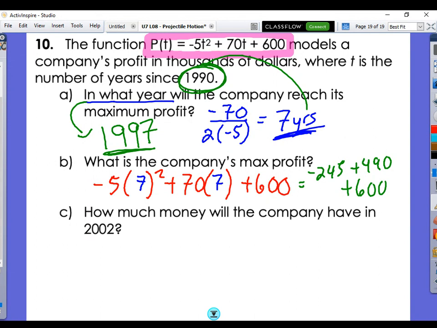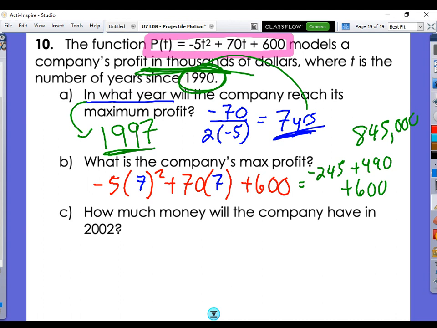This is in thousands. Anyway, you get 1,090 minus 245, which gives me 845, but it's in thousands. Remember up here it said it was in thousands. So that's actually $845,000.